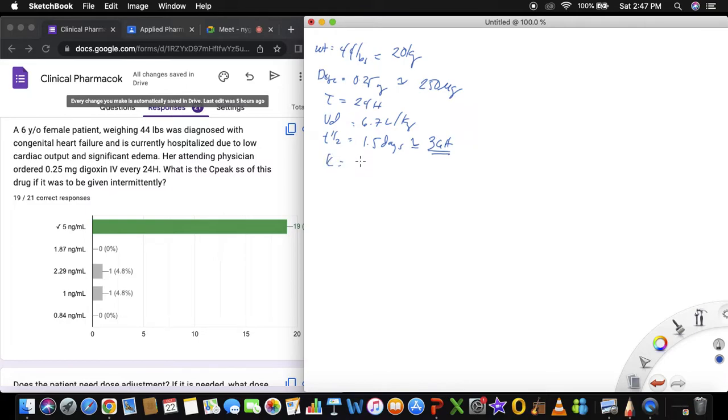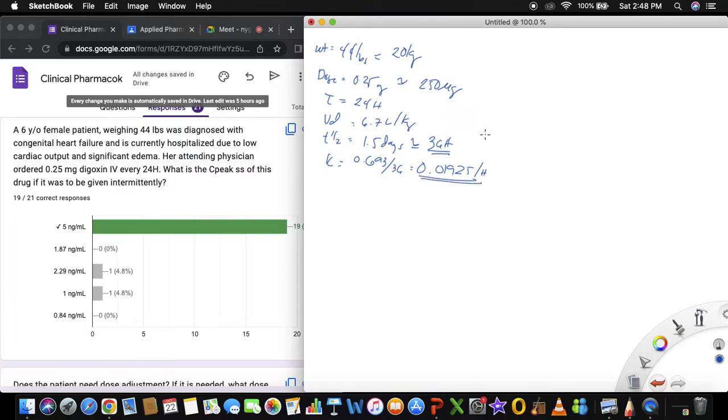So, K would be 0.693 divided by 36, we get 0.01925 per hour.